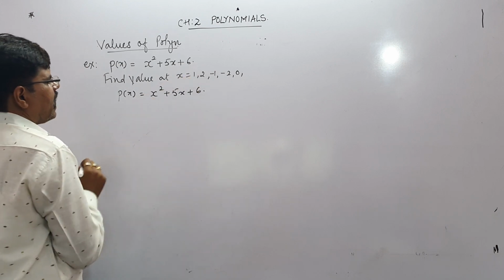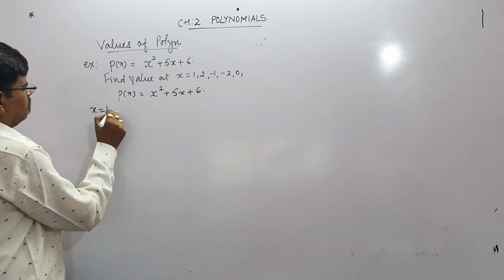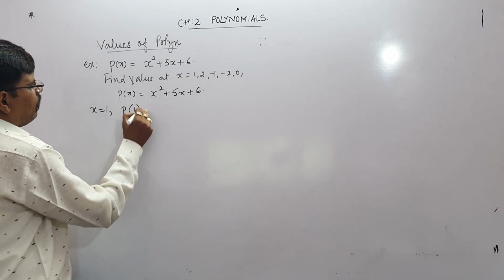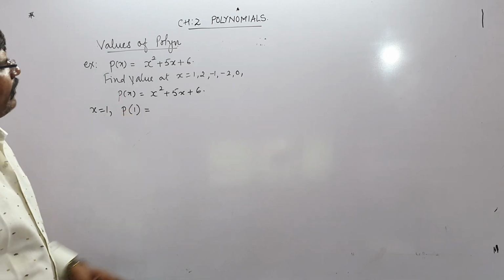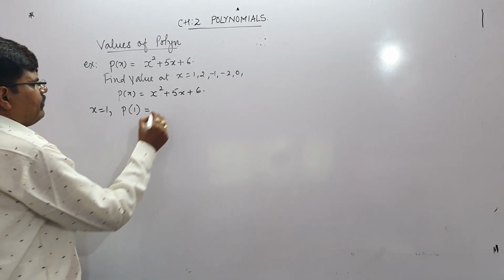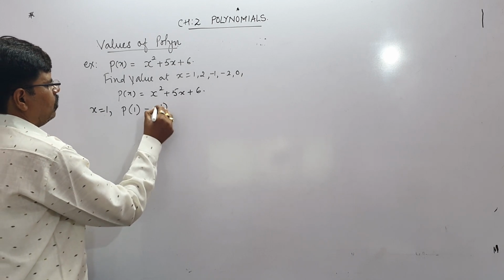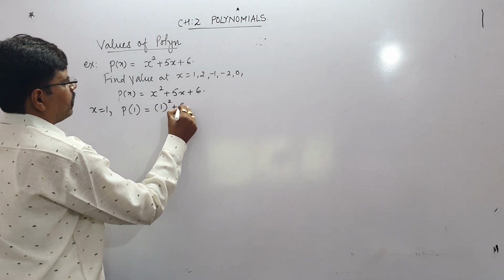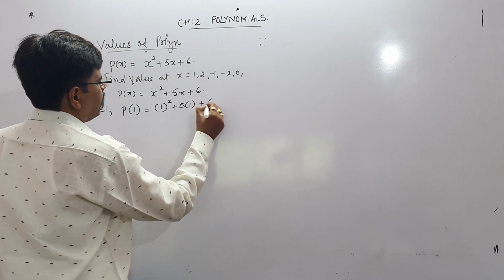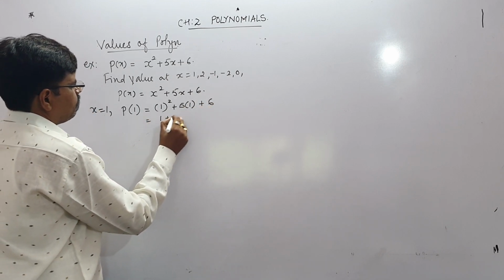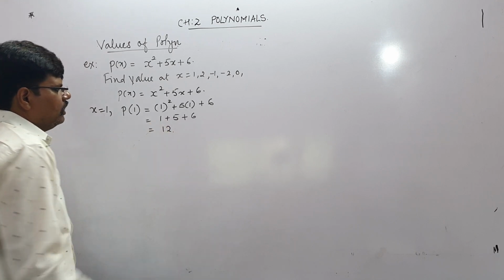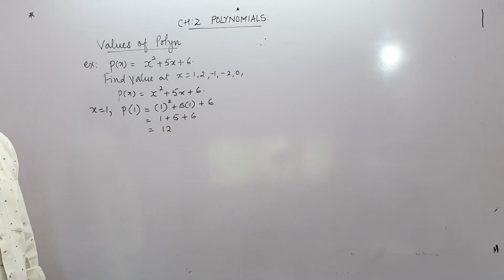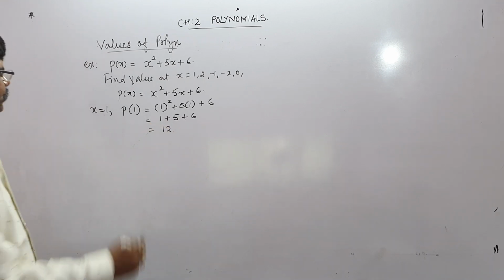You want to take x equals 1. You write here p of 1. Wherever you find x, you have to place the value 1. 1 the whole square plus 5 into 1 plus 6. So 1 plus 5 plus 6. The answer is 12. So you can say that p of 1 is 12.